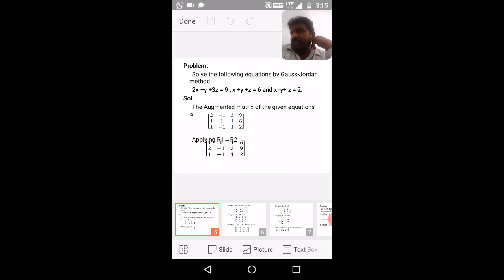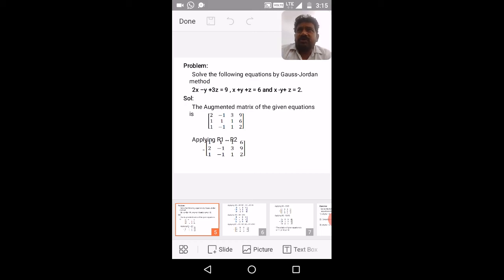One thing you may observe: the final reduced form, you have to remember, in that form the coefficient matrix should be reduced to the identity matrix. So that's why you may observe where we have to change to 0 and where we have to change to 1.